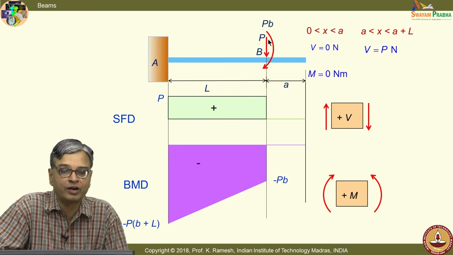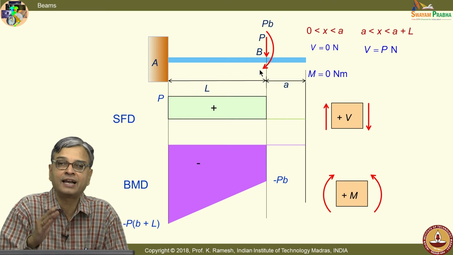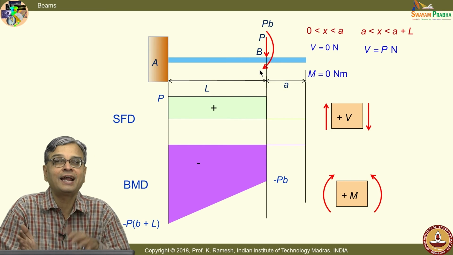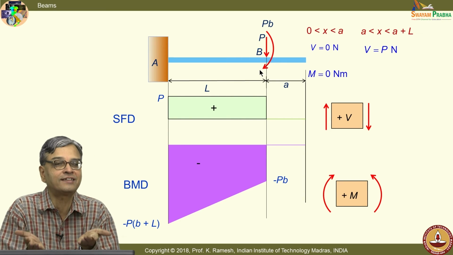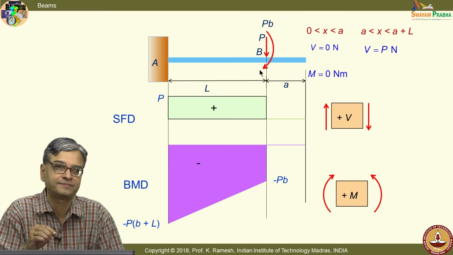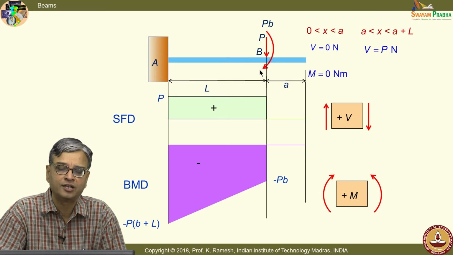Take a beam with only load P, draw the shear force and bending moment diagram. Take the beam with only Pb as the bending moment, analyze the problem, and add these answers, and you would get the same answer. So, this is repeatedly used in higher studies with the name principle of superposition. It is a very, very useful concept.